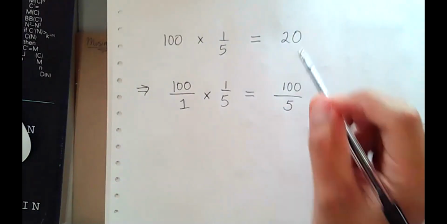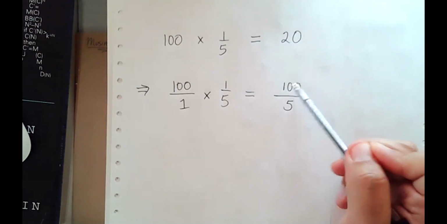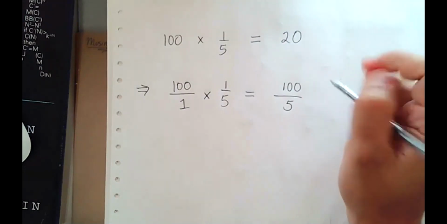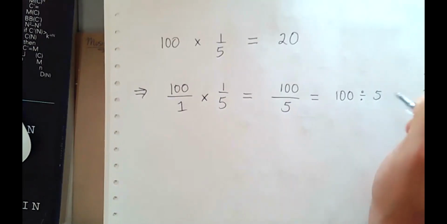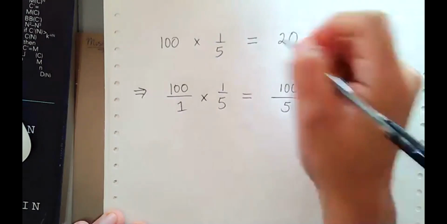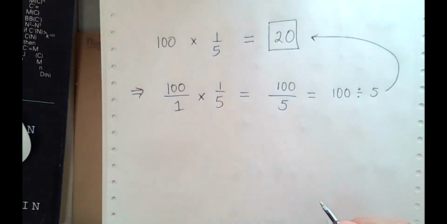Well, that makes sense because if we interpret this fraction 100 over 5 as a division problem, this would be the same thing as 100 divided by 5. And that would be 20. Okay, so we're approaching this idea of simplifying our fractions a little bit. I still want to hold off because I want to talk about dividing fractions real quick.